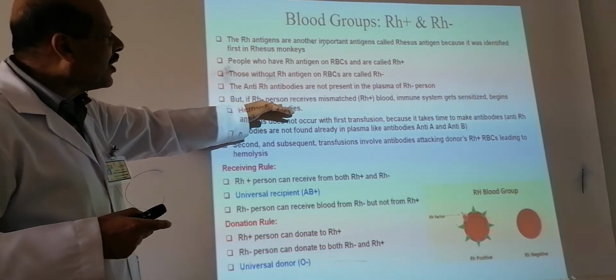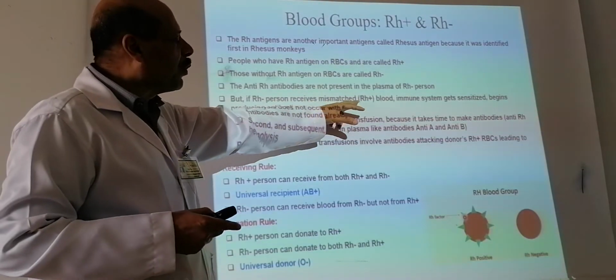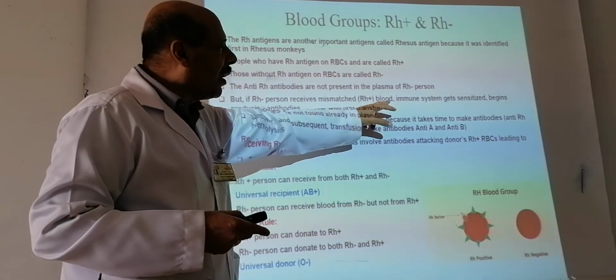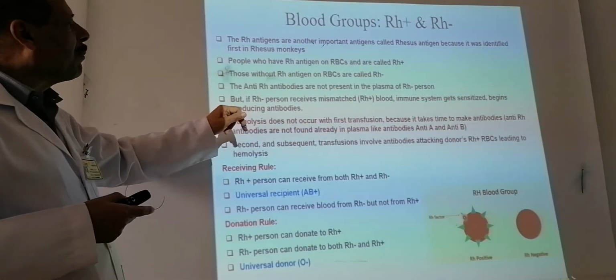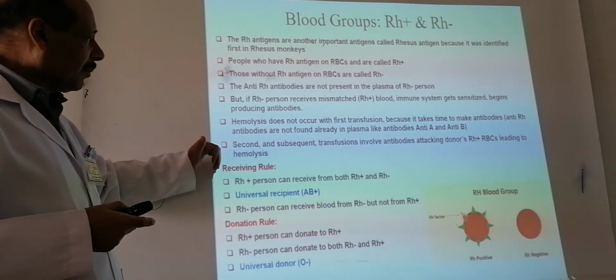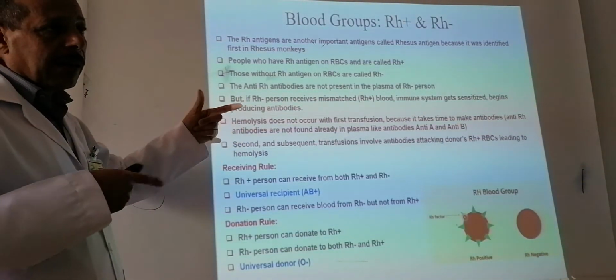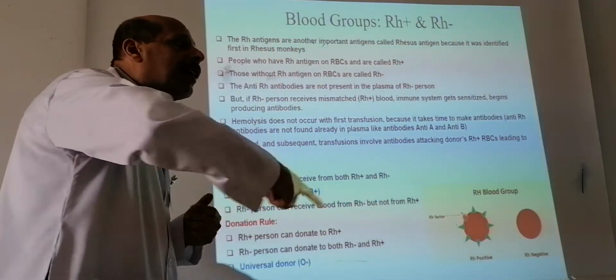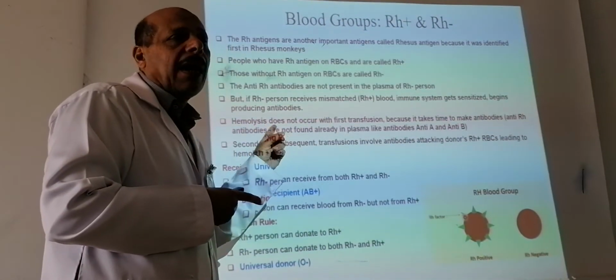But if an Rh negative person receives a mistransfusion with Rh positive blood, the immune system gets sensitized and begins producing antibody. So the antibody is not there unless you are exposed to blood from Rh positive.